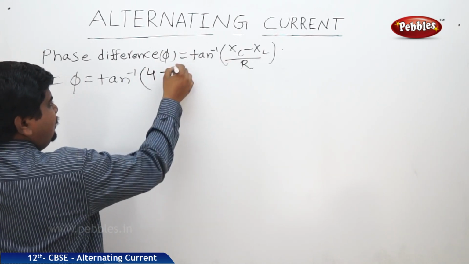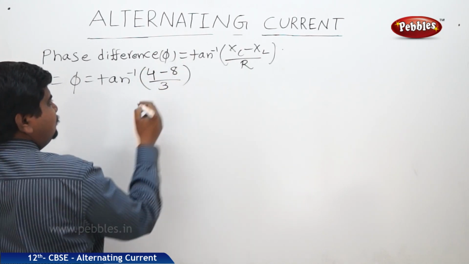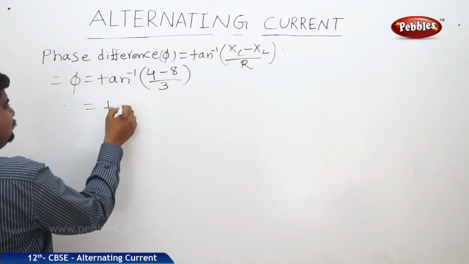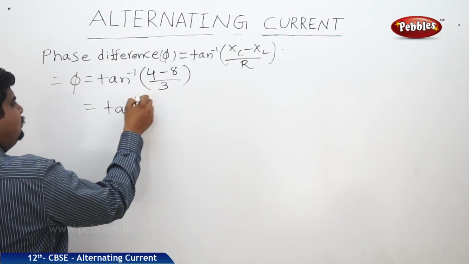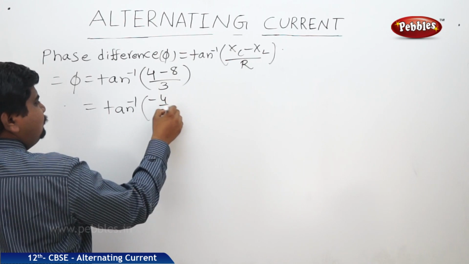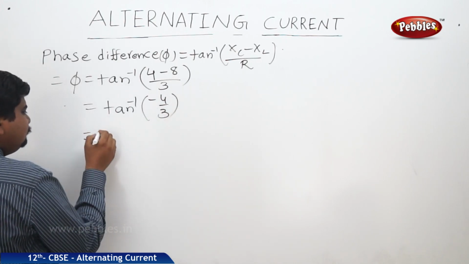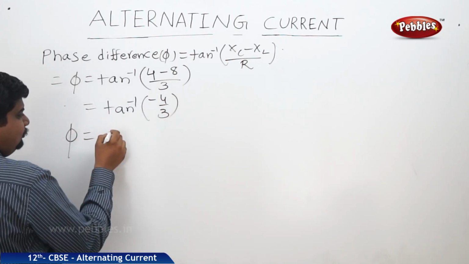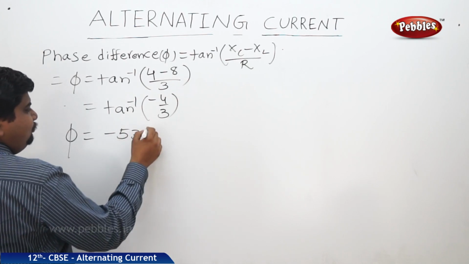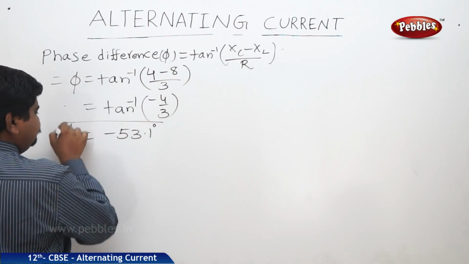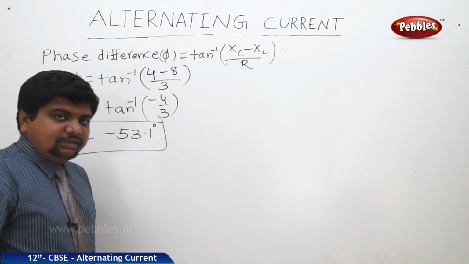What is XL? 8. What is R? 3. So the answer is tan inverse of minus 4 by 3. Therefore, phi is equal to minus 53.1 degree. This is the phase difference.